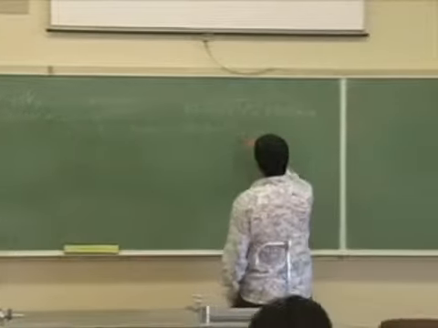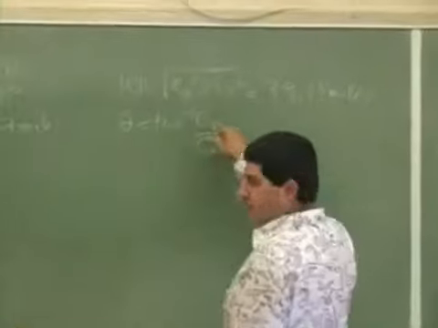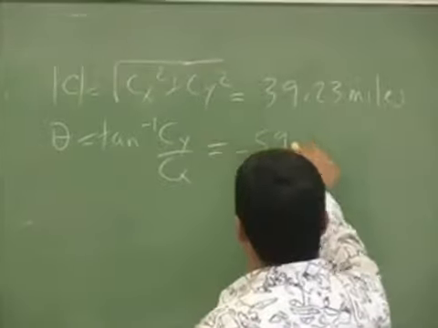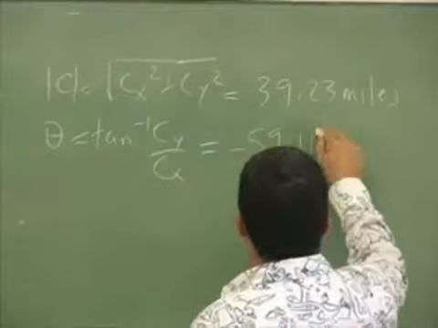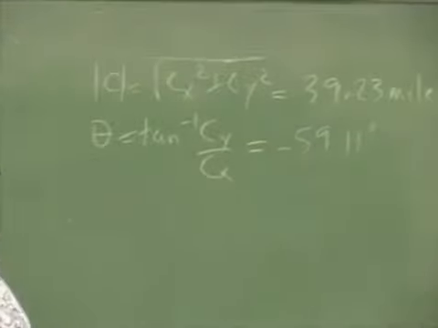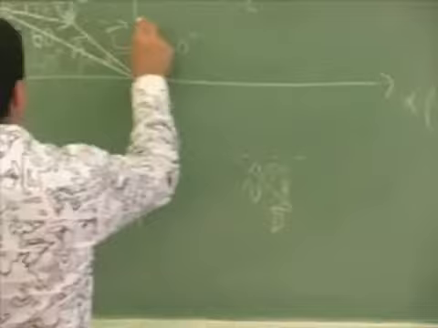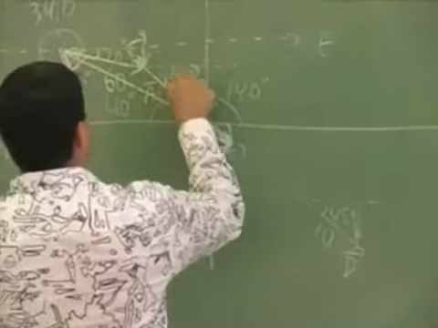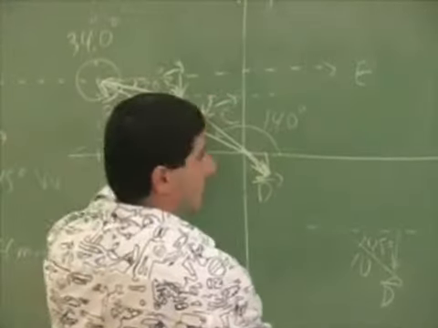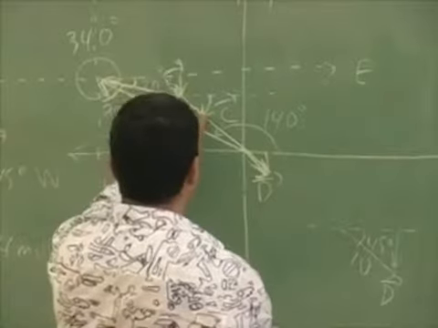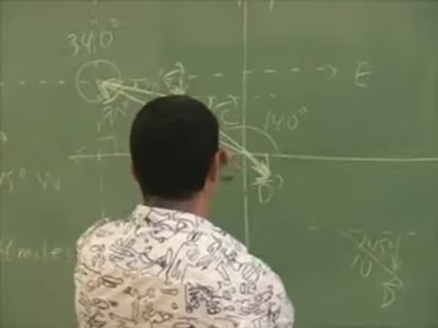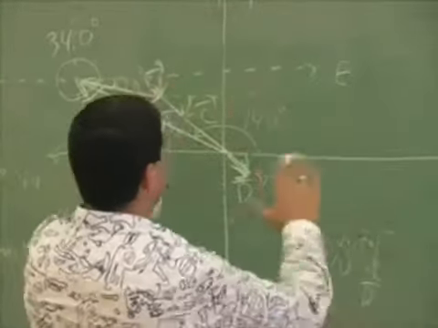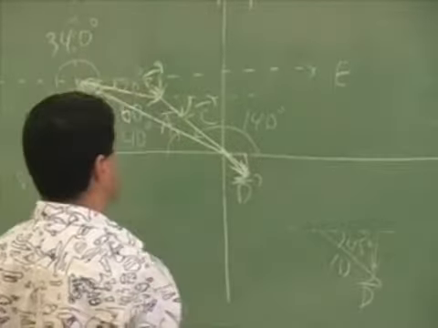Now, it probably originally gives you negative, right? Negative 59.11. But then, you don't want to leave it that way. You want to be able to explain what that means. Now, if this is negative, this is the angle that it's giving you right here, negative 59.11 degrees. So in terms of east-south, how would we word that?